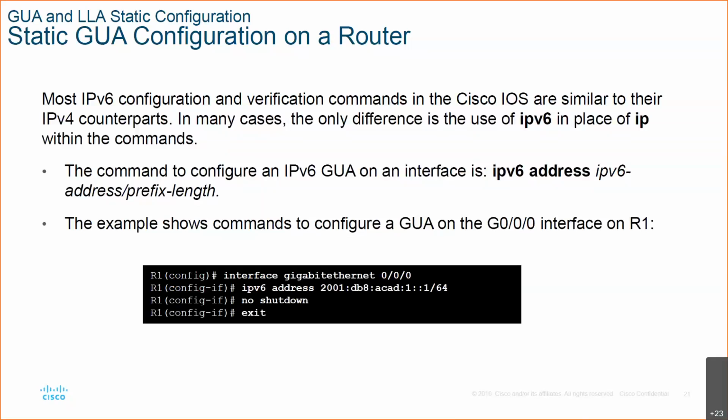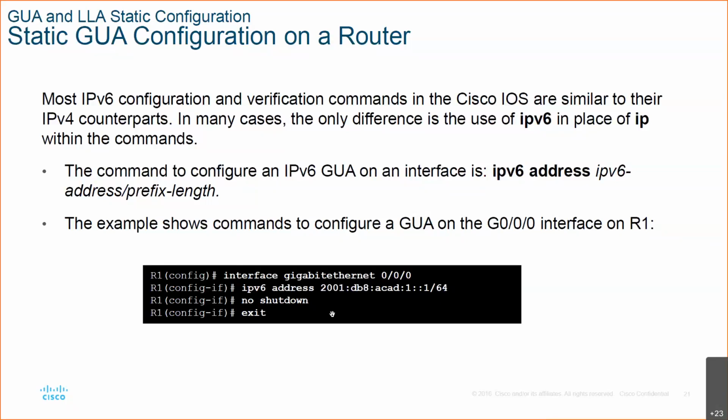You go to the interface that you want to give the IP address. Here the interface is Gigabit Ethernet 0/0/0. It is a router. And then give your IP version 6 address.